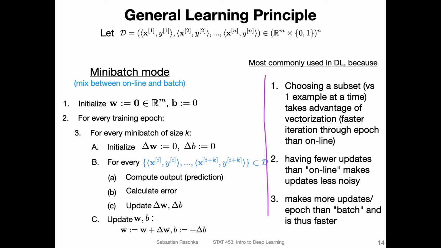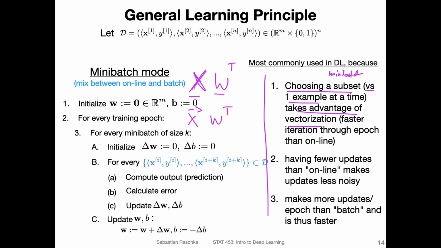So one would be that when you're choosing such a subset, such a mini batch, instead of just one example at a time, we can take advantage of the vectorization that we talked about in the previous lecture. In the previous lecture, we had seen that we can compute things efficiently. When we had, for example, a training matrix containing multiple entries multiplied by the weight vector, we could process multiple training examples at a time, which is then faster than executing this multiplication with a vector in a for loop.